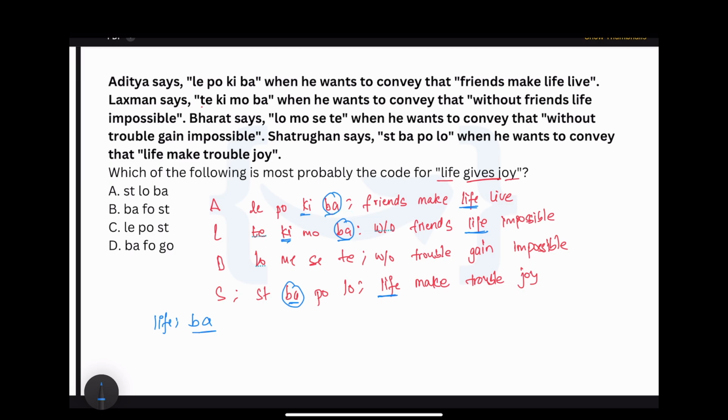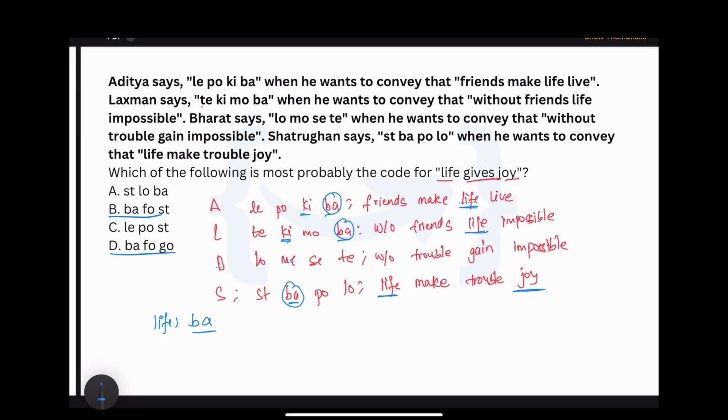So from ba we have two statements, this and this. But in this type of question, it is not sure that if you are able to find life, your answer is done. Okay, it may be you need to check more options as well. So yes, ba is there. Now gifts. We don't have gifts anywhere, but we have joy, isn't it? So joy is here.